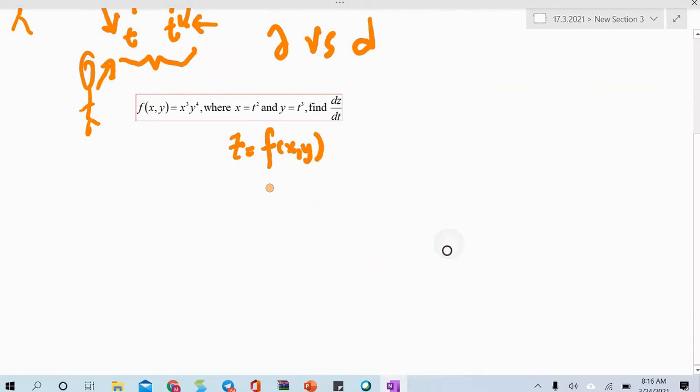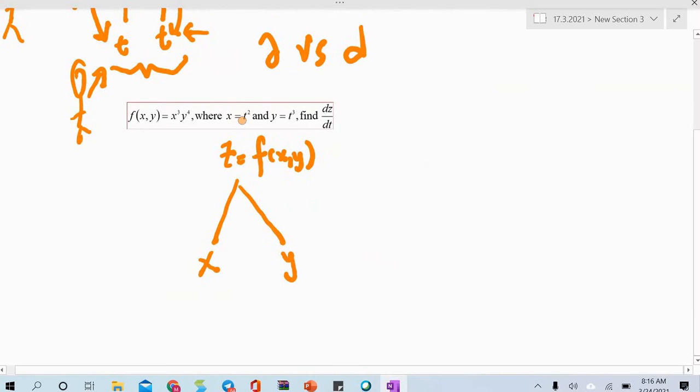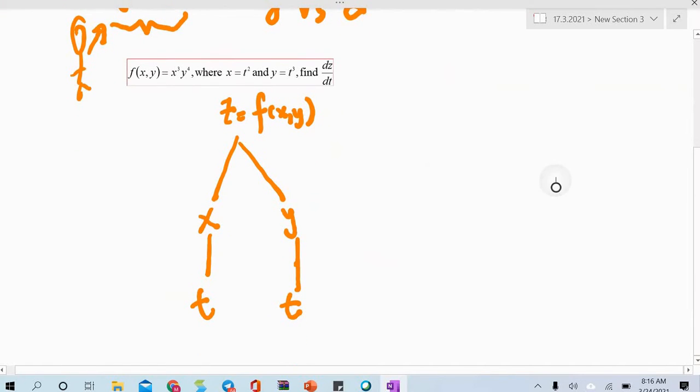So your z depends on x, y, right? Then your x depends on t. Your y depends on t. So they want you to find the z as per the question.